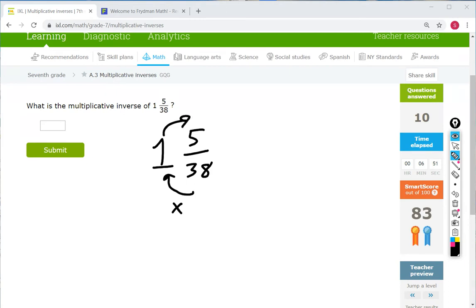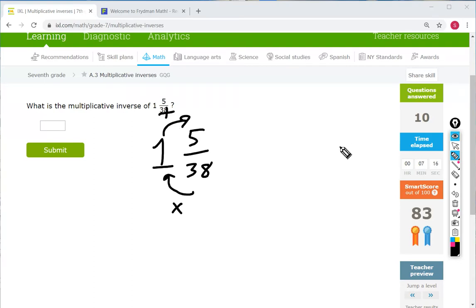And to do that, we're going to multiply the denominator by the whole number, and then whatever the result is, we will add that to the numerator. So 38 times 1 is 38, so we have 38 now, and then we're going to add 5. So 38 plus 5 is 43.